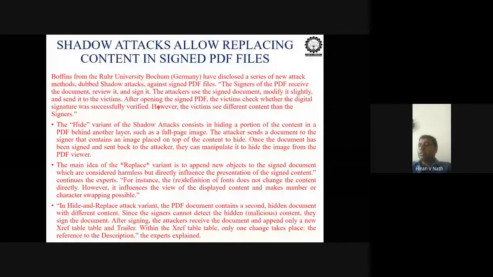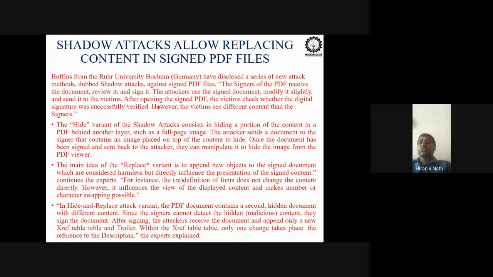The hide variant of the shadow attack consists in hiding a portion of the content in the PDF file behind another layer. The importance of PDF files is that even if you delete certain contents from the PDF file, those contents are saved inside the PDF file itself, and not totally removed.